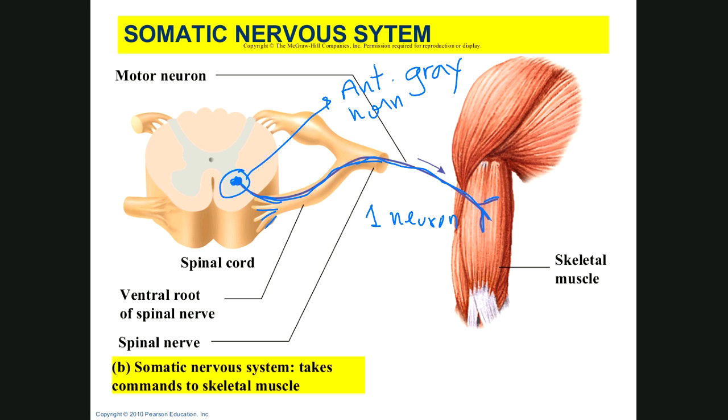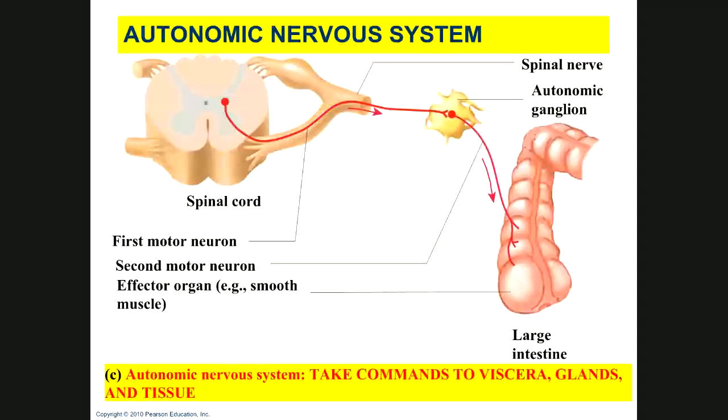Okay. Now let's contrast that with the ANS. First of all, notice that the body of the neuron is located in the lateral gray horn, and this is material from chapter 12 actually. The lateral gray horn, because that's where the bodies of visceral motor neurons are found.